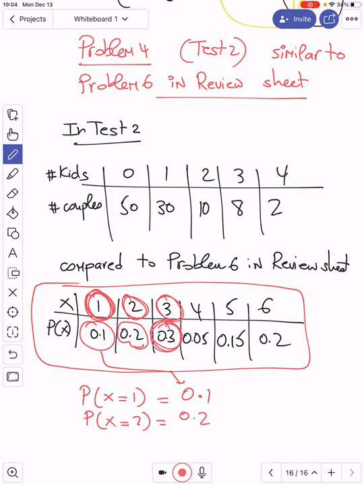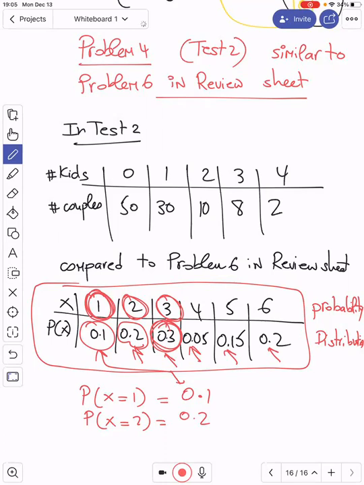And that's what I call a probability distribution. And of course, the probability is always a number between 0 and 1. A probability cannot be larger than 1, larger than 100%.